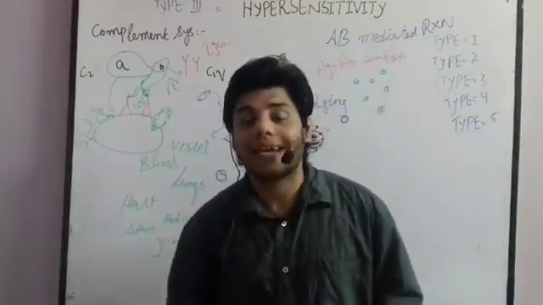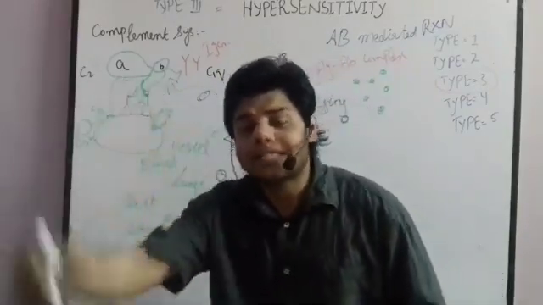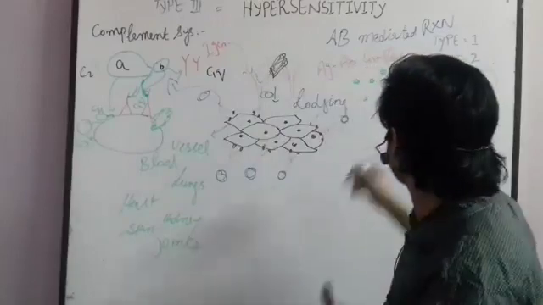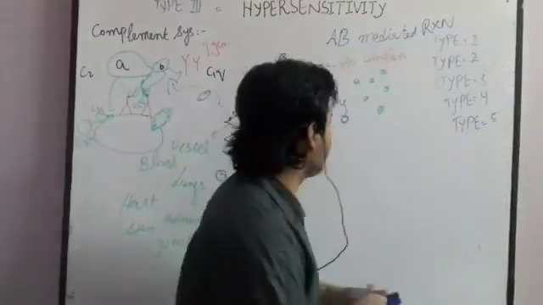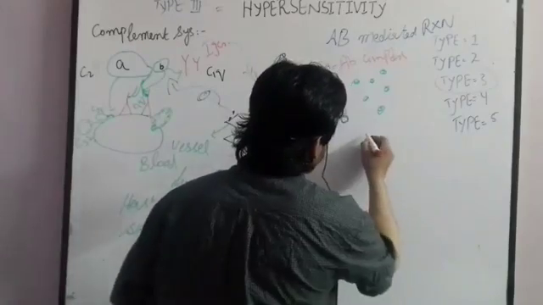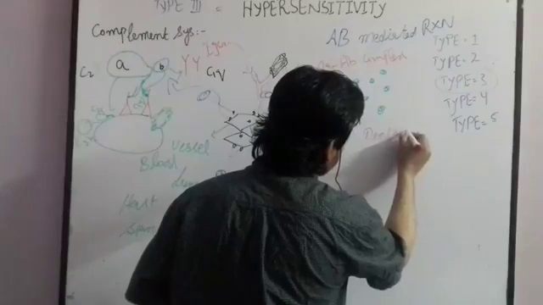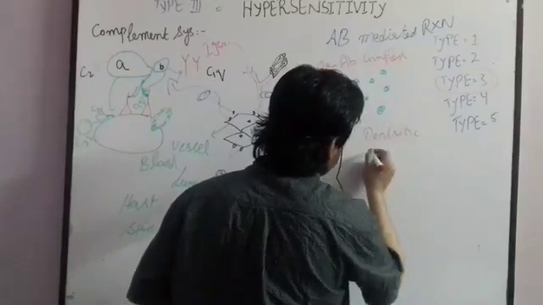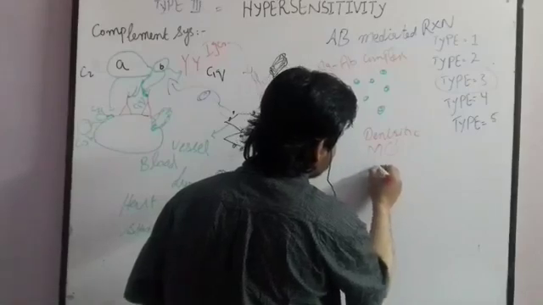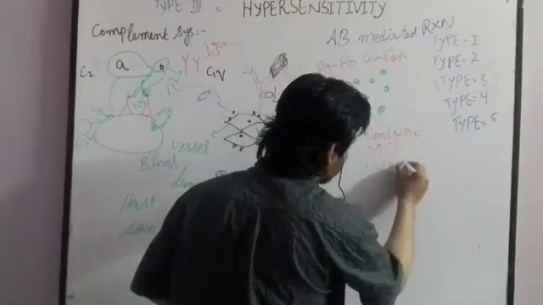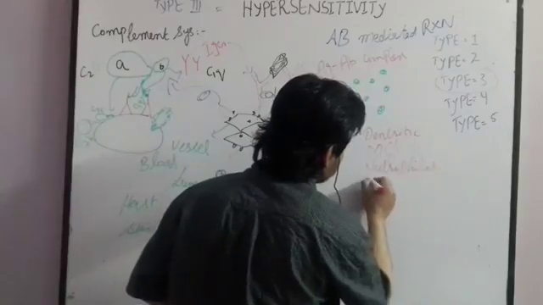These small subunits act as a chemotactic factor. They will call upon some other cells, and these other cells we have: dendritic cells, macrophages, neutrophils, monocytes.